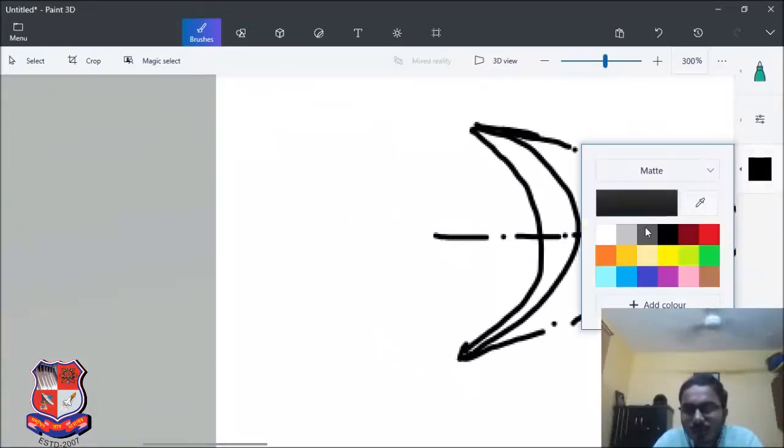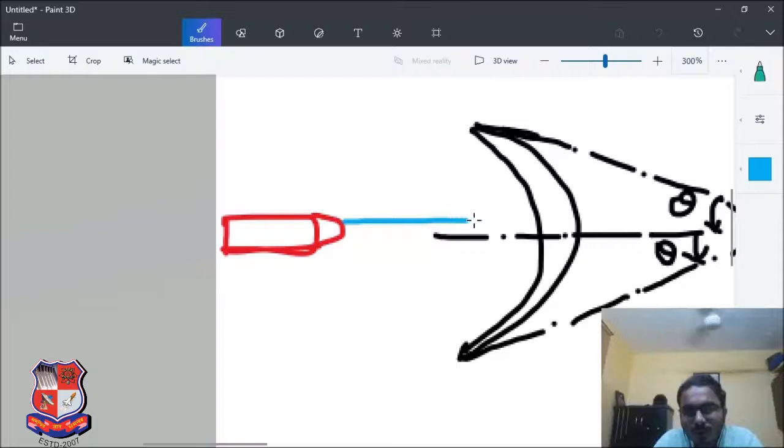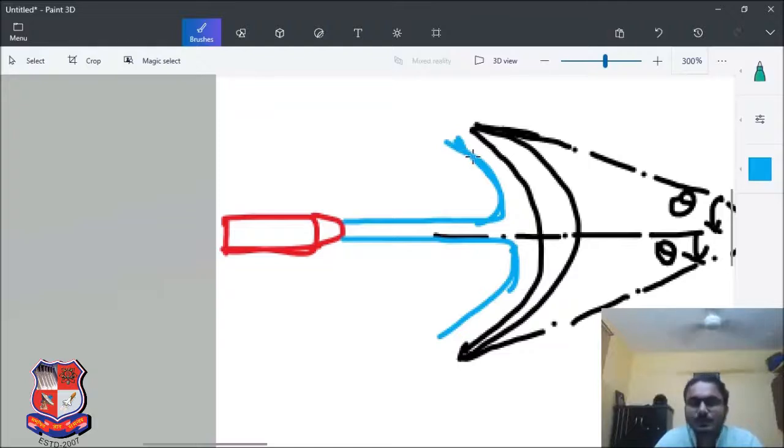Now on the part of the nozzle, the water will be coming out and it will be striking in this way.